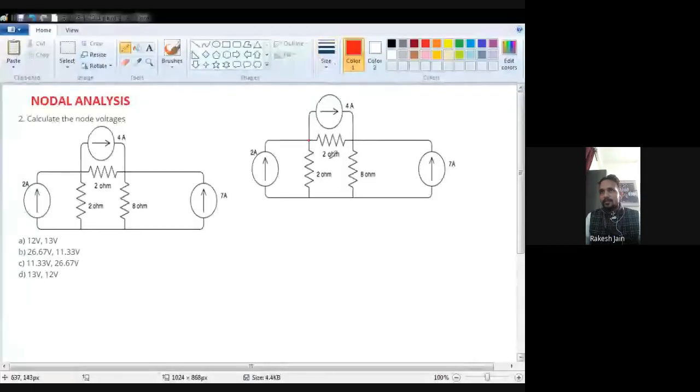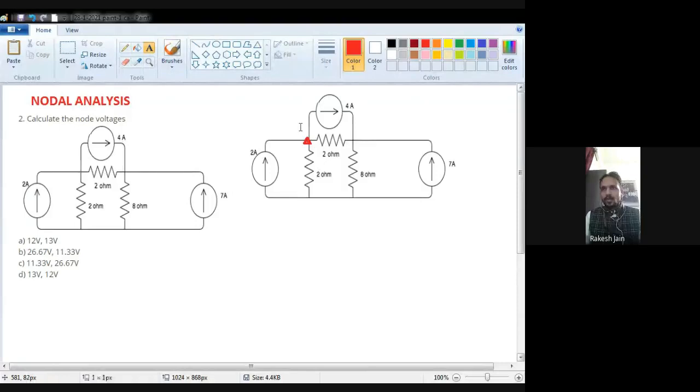This 2 ampere branch comes at this point, this red dot point. This 4 ampere branch leaves from this dot, this 2 ohm resistance is connected from here, and this 2 ohm resistance is also connected here. So this is a node, okay?